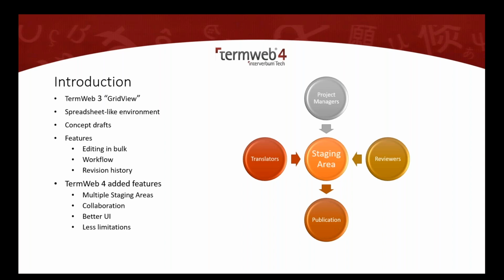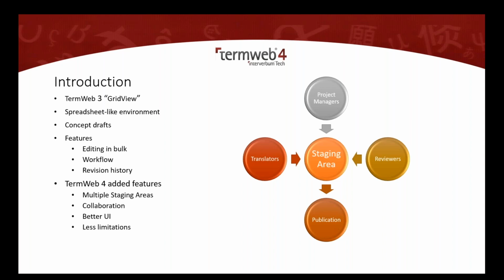In TermWeb 4, we've added additional features. One of the most important is being able to have multiple staging areas available to you, both personal and collaboration, meaning that as an administrator you can share staging areas between your users. As a normal user in TermWeb, you can create any number of personal staging areas where you can store your drafts for different purposes.